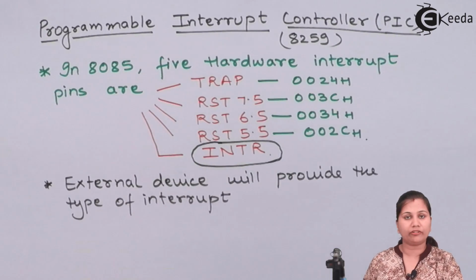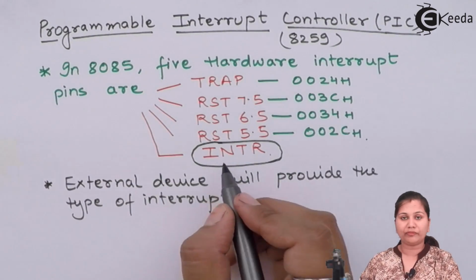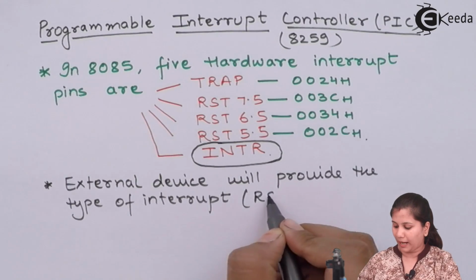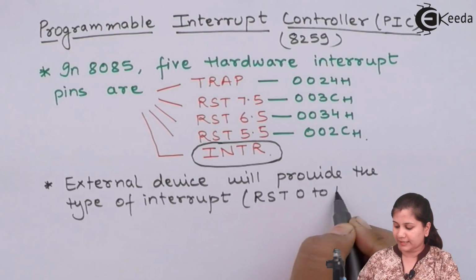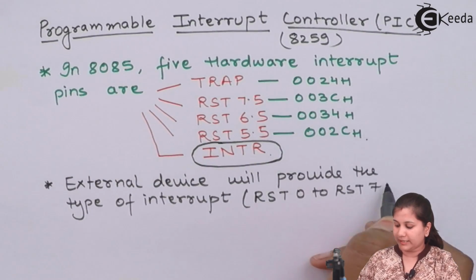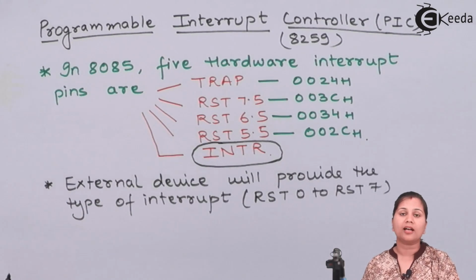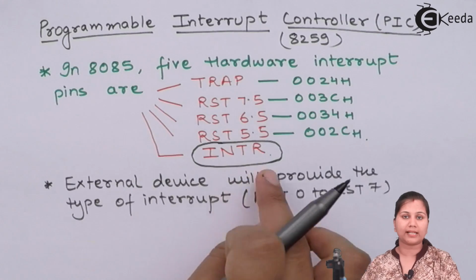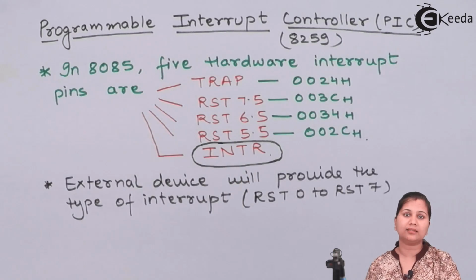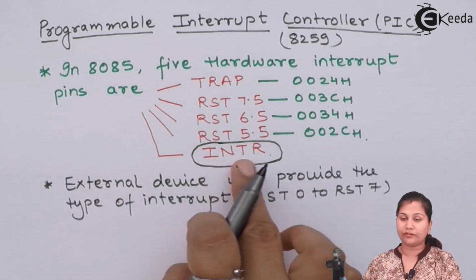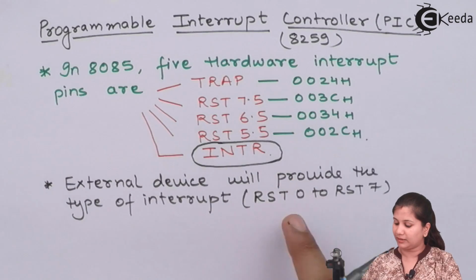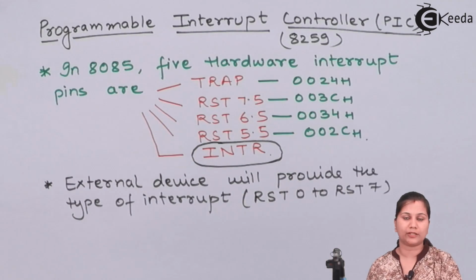the type of the interrupt, like the type of the interrupt related to it is from RST0 to RST7. These are the restart instructions in the 8085 microprocessor which are executed through this INTR interrupt request signal. When this interrupt is given, then these instructions will be executed.